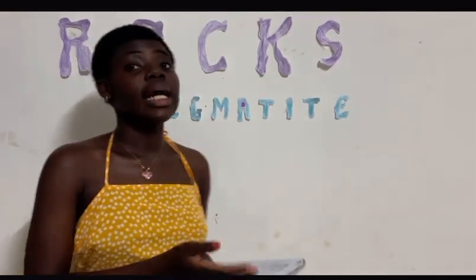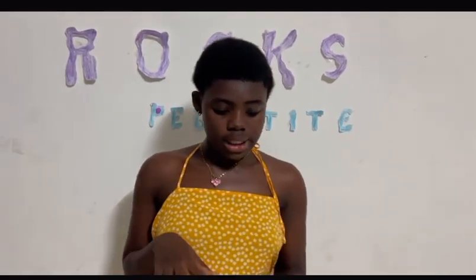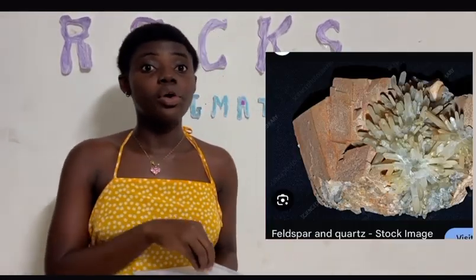So this particular rock is an intrusive igneous rock, and these types of rocks are formed from the slow cooling of magma underground. This magma is rich in water and other volatile elements, which promotes the growth of crystals such as quartz and feldspar.